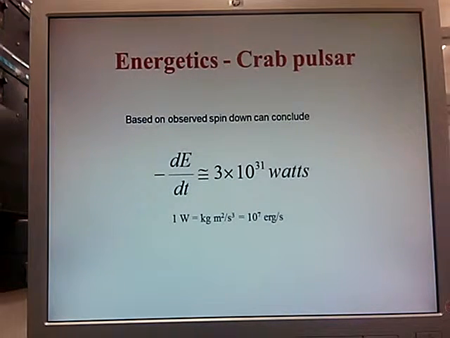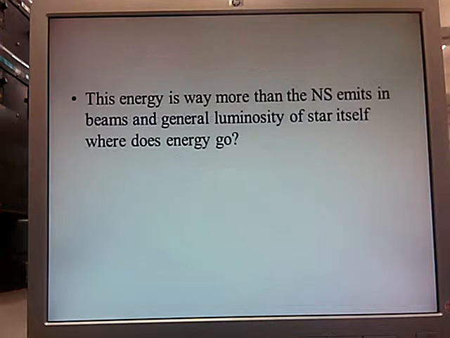Right, losing mass. We already said it's liberating some particles off of its surface through that induced electric field. Some of them go into this beam, and some of them go into a wind. So indeed, we ask the question, is it equal to just the amount radiated as a black body and through this synchrotron emission? No. The energy we just computed is way more than what goes into that emission.